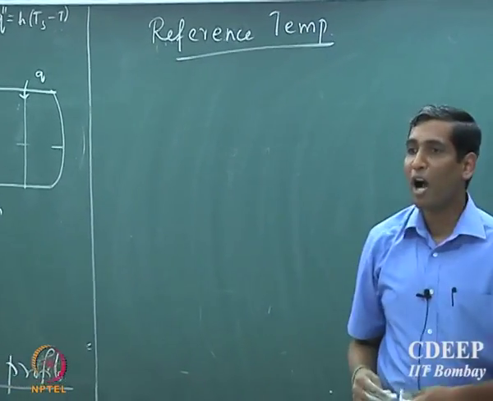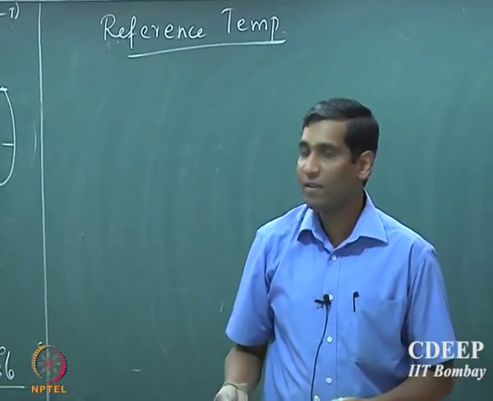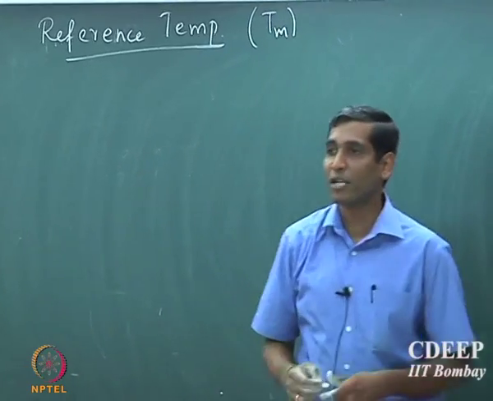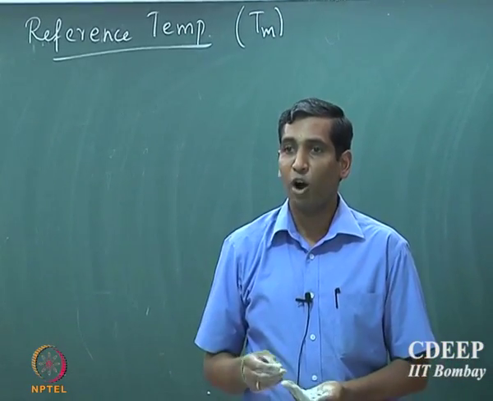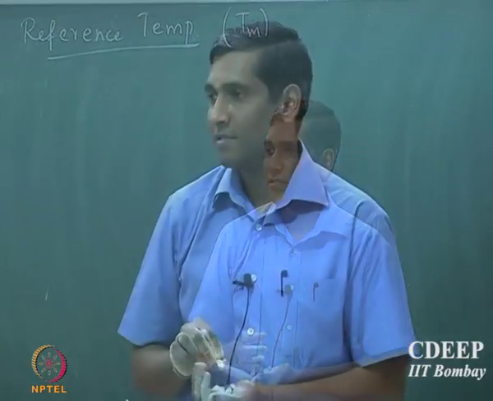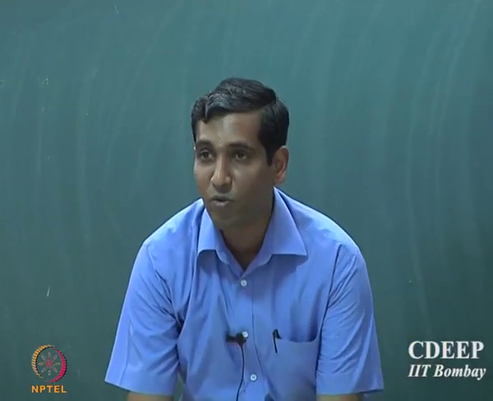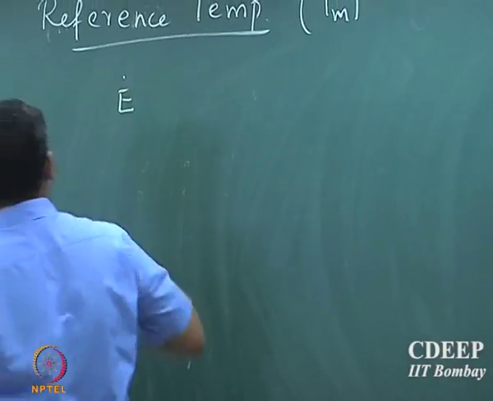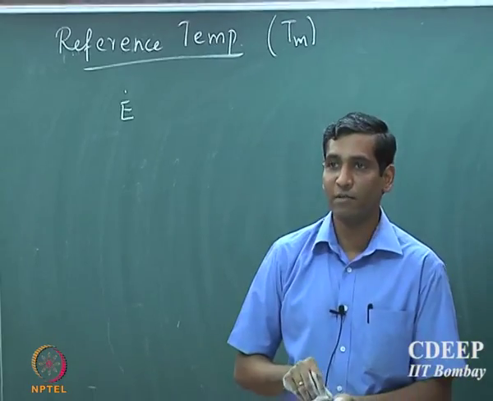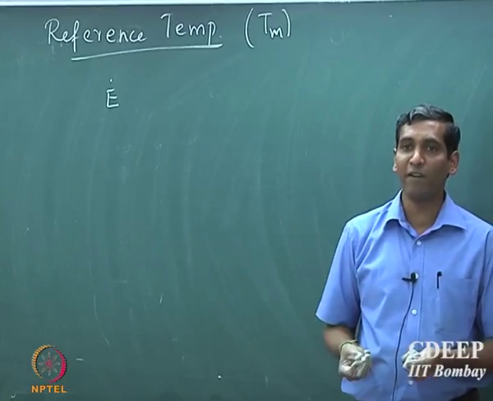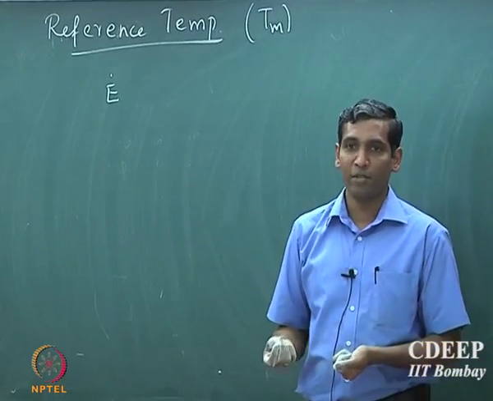Just like how we define mixing cup velocity, we can also define the mixing cup or cross-sectional average temperature. So how do we define this? What's the conserved property? Remember, in the velocity boundary layer we used the mass flow rate as the conserved property. So what do we do here? You use the internal energy in a given cross section to define the cross-sectional average temperature.